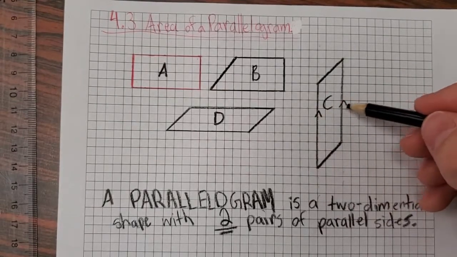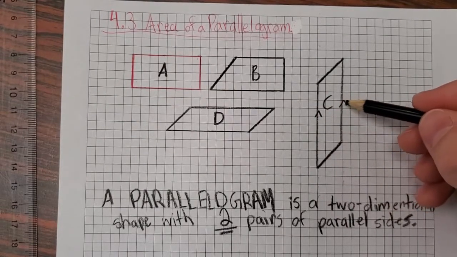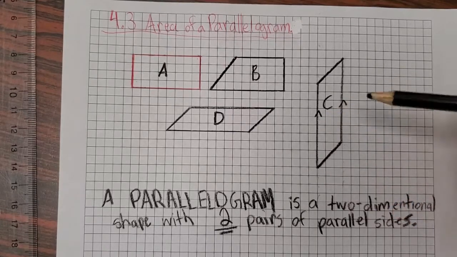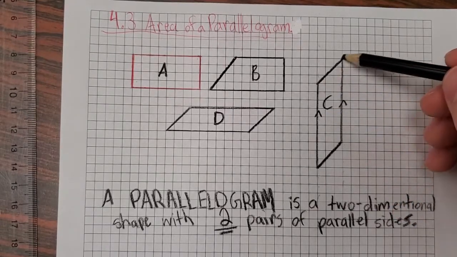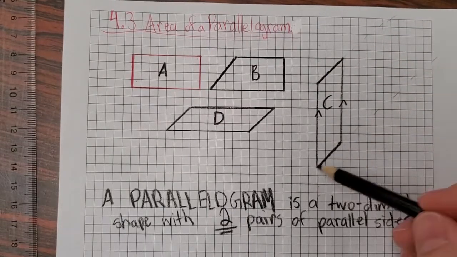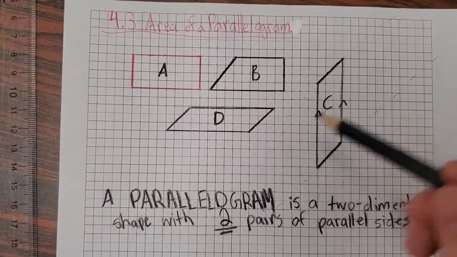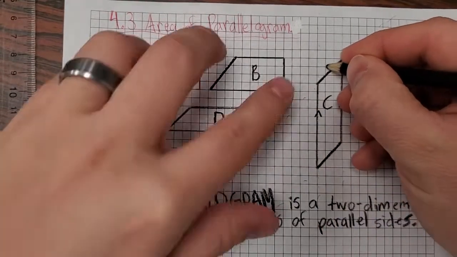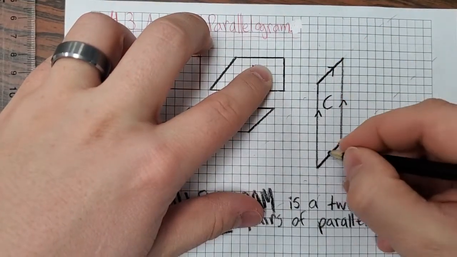So we use these little arrows to say that this one is parallel to this. And then if we look also at this one here, if we were to continue these out as far as they could go in either direction, they would never intersect, which means that this one is parallel to this one.